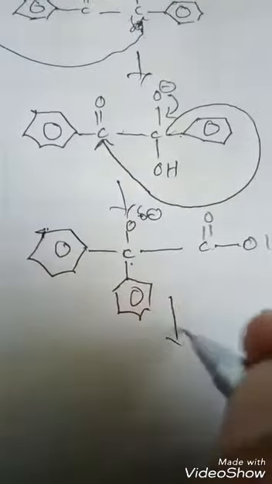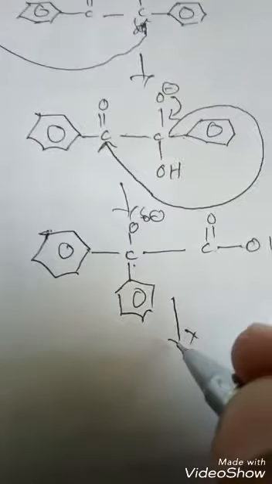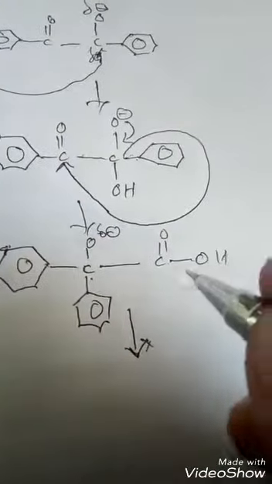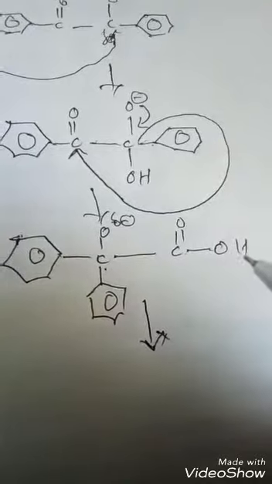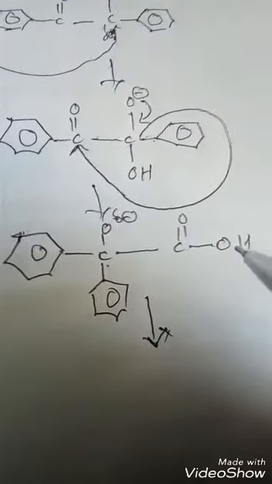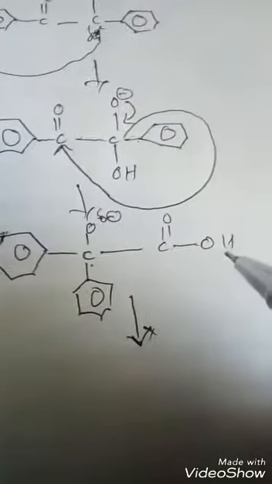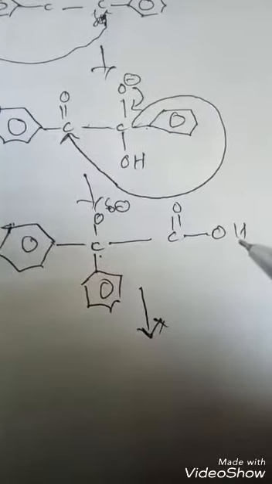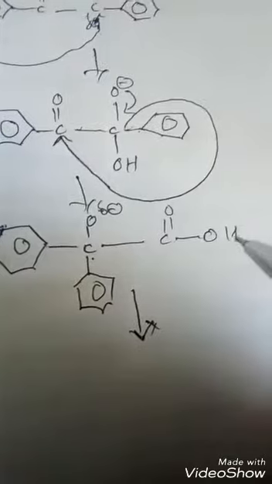Now we know what an acid is. An acid is a substance which forms H+ according to Arrhenius theory. So this OH bond of the acid is very polar, it can be broken, and H+ can form.